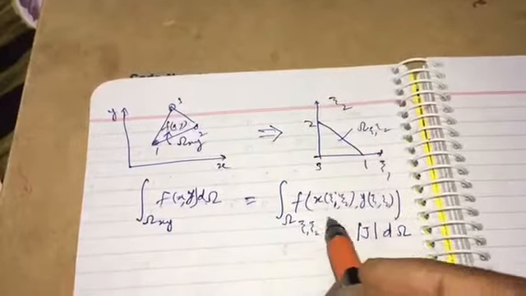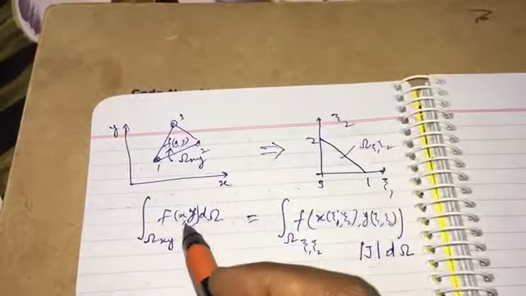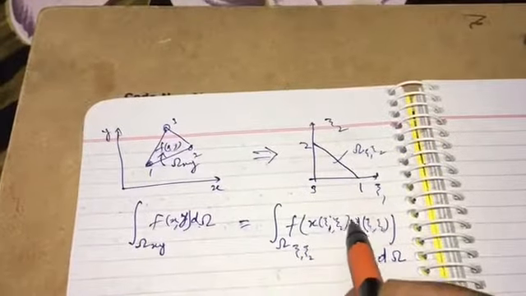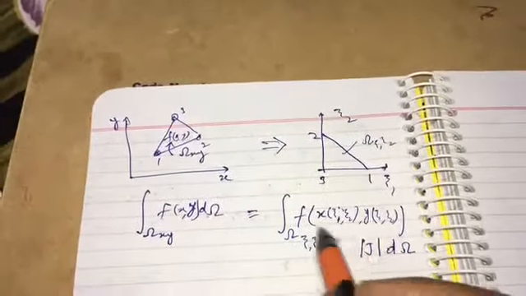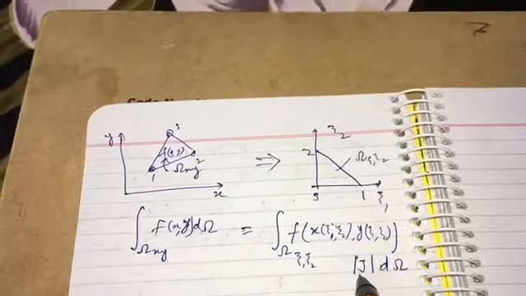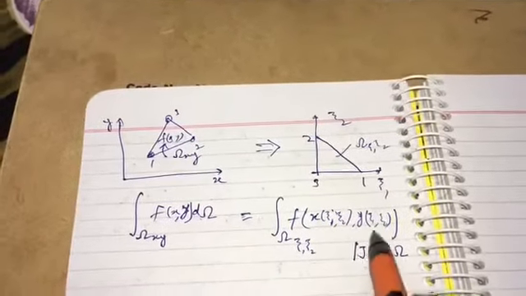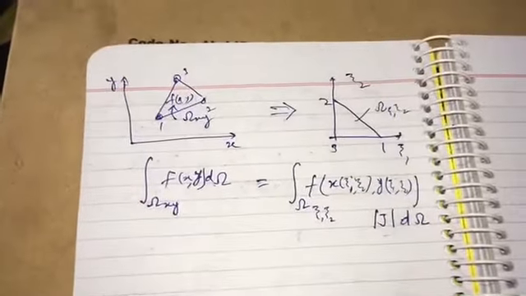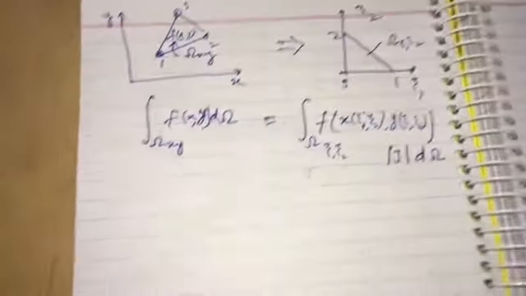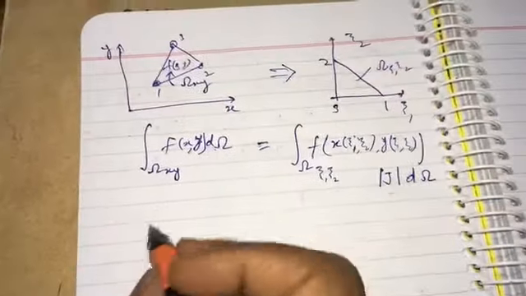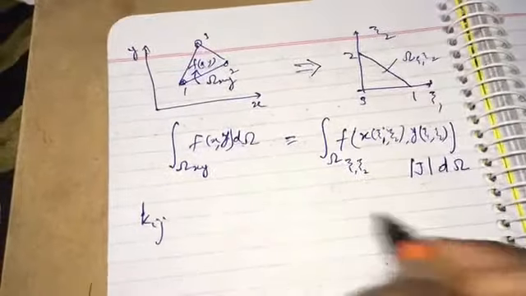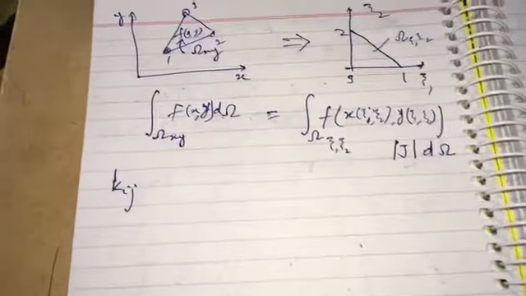Okay. So any integration in xy can be evaluated by integrating in the xi1 xi2 coordinate system, provided you have the determinant of the Jacobian term included along with the original f(x,y). Now coming back to the Kij that we need to finally determine.